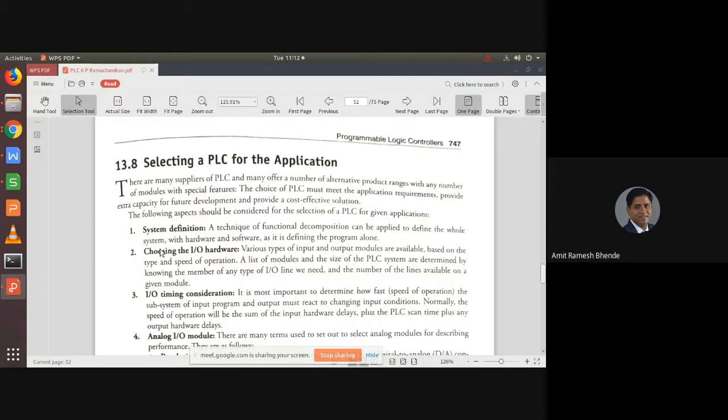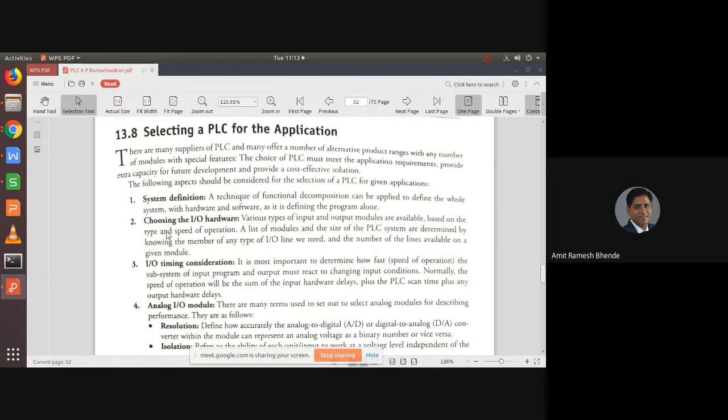Whenever you are developing any application, what kind of hardware is required, what kind of software is required, and which kind of program you are going to write. All these things are nothing but the system definition.